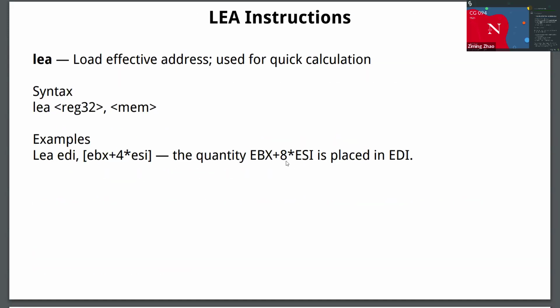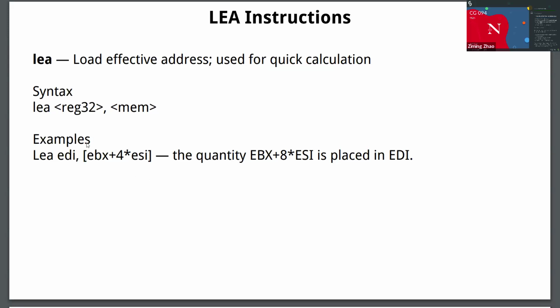Does this syntax use parentheses ever, or does it just know the order of operations for multiplication? If we wanted to have parentheses around the EBX plus 4, for example, would that be valid syntax?